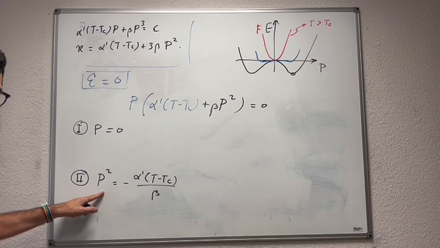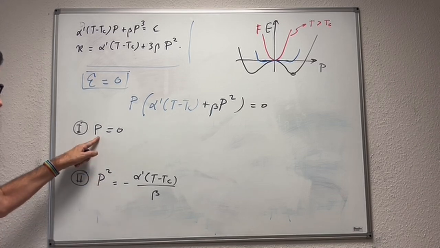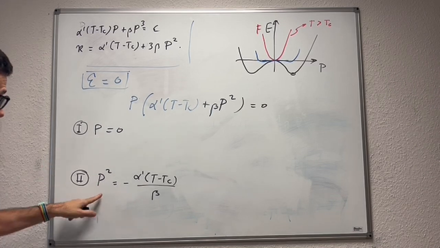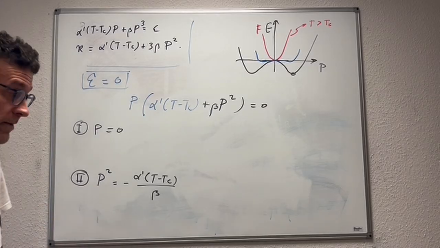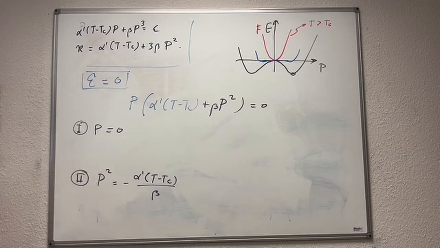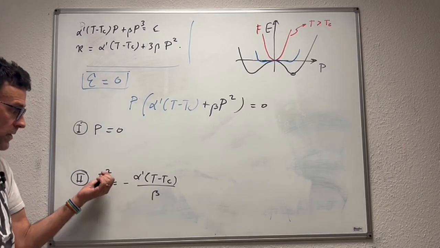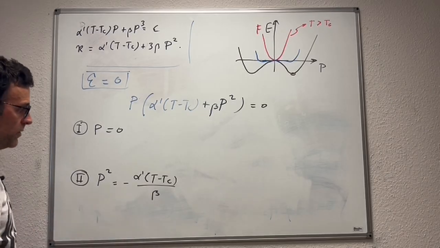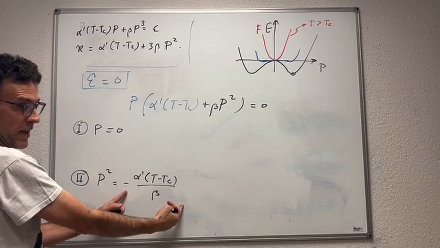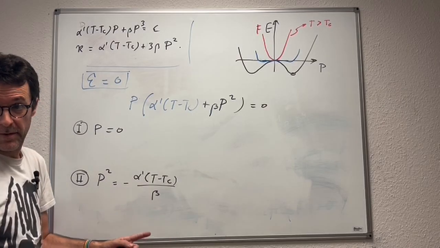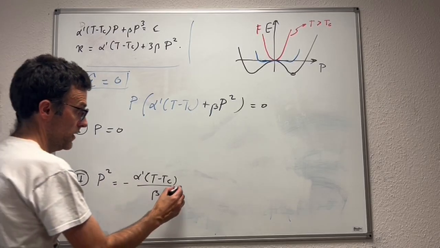Now I have two solutions. So I have two equilibrium points, well, three equilibrium points. One is P equal to 0, and here I have two different equilibrium points. But I have to see if these exist, right? So P equal to 0 always exists. The polarization can be 0 in principle. But here I have a square. So this solution exists only if what I have on the right-hand side is positive.